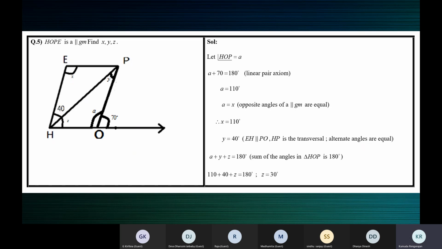So here you can see I found the angles in order. I found x and then y and then z.